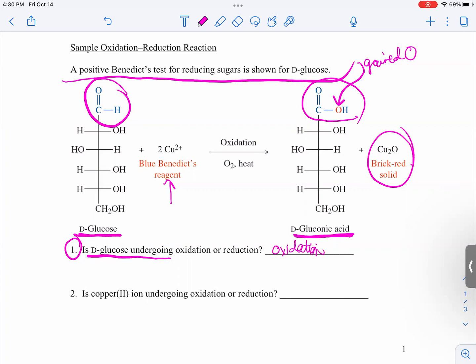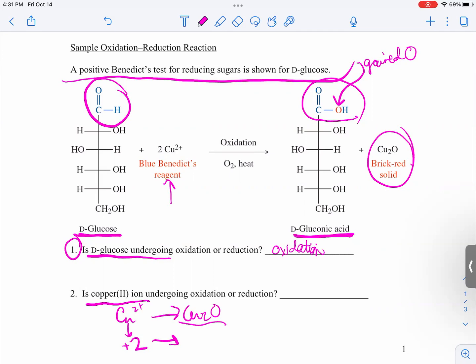Now the copper 2 ion, did that undergo oxidation or reduction? Well, it became Cu2O, the insoluble product. So was it oxidized or reduced? So that's a +2, right? We remember this.